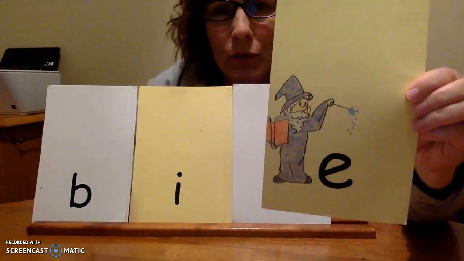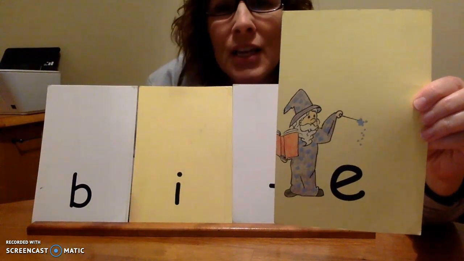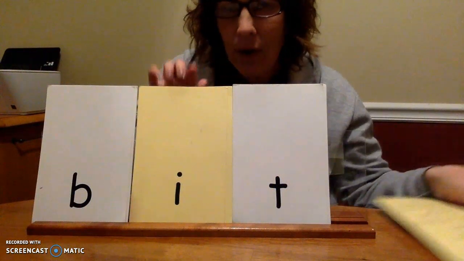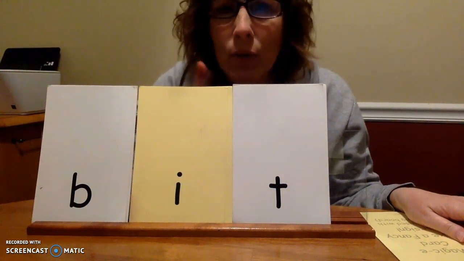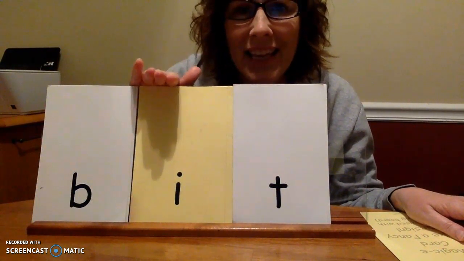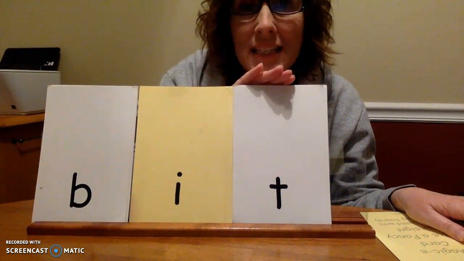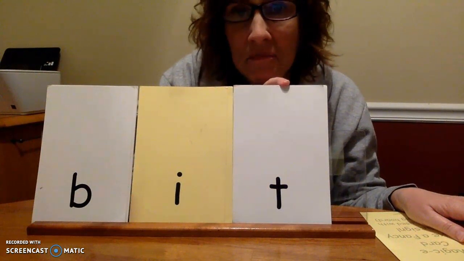It's like a little wizard sprinkling his magic. So when the word is like this and it's one syllable, the vowel in the middle says its short sound. So this word would be bit. That I is blocked in by the T. He can't get out to say his name.